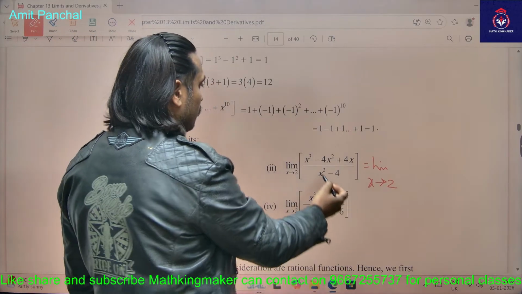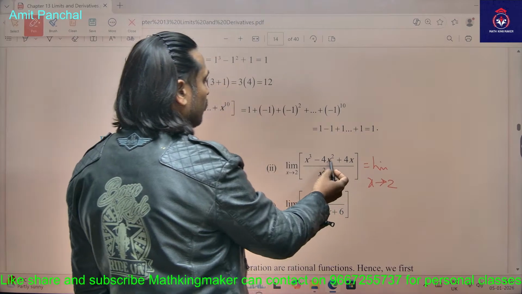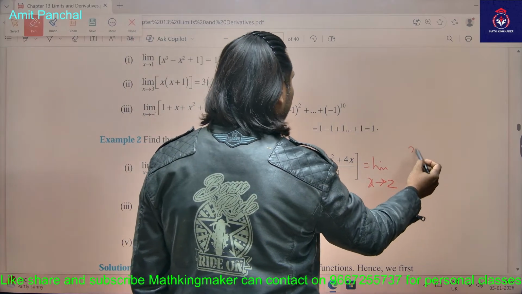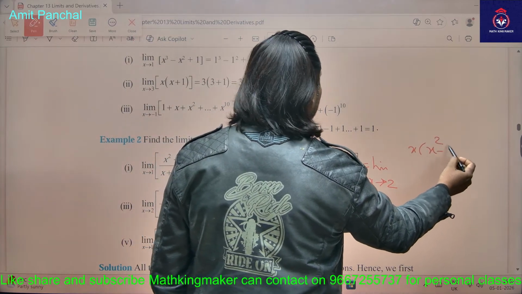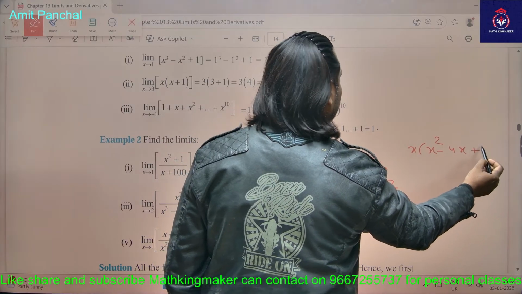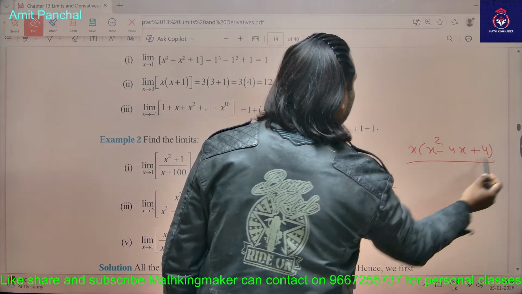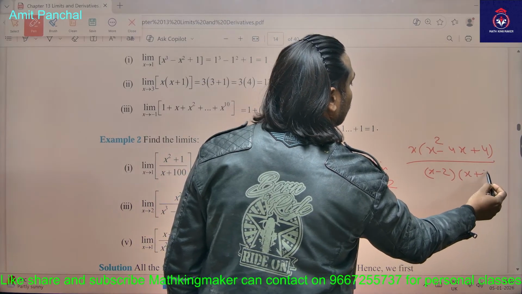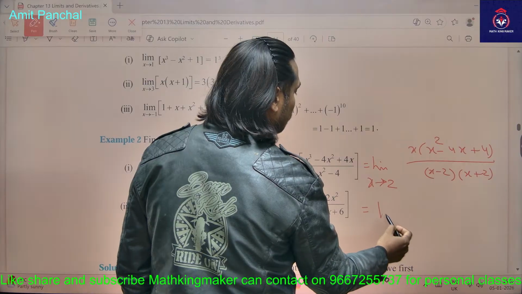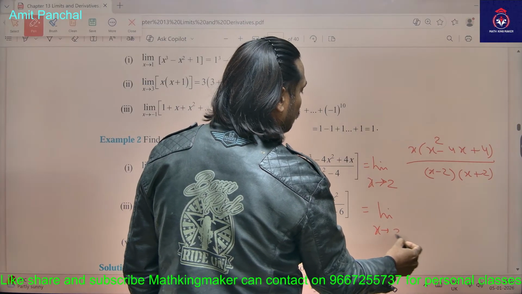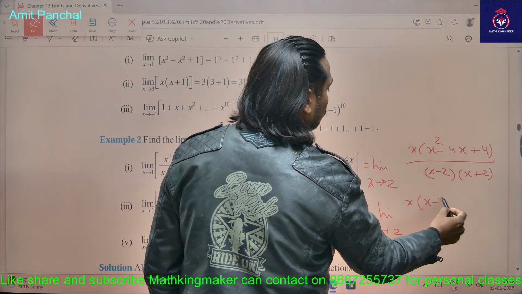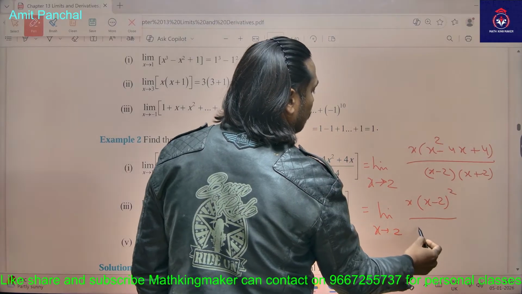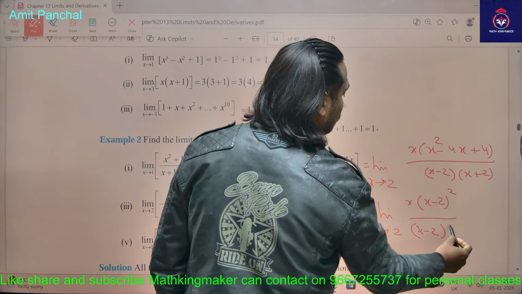So just factorize it, x cube minus 4x square plus 4x. So you will get x as common, x square minus 4x plus 4, and here you will get x minus 2 and x plus 2. So that can be written as x minus 2 whole square over x minus 2 and x plus 2.